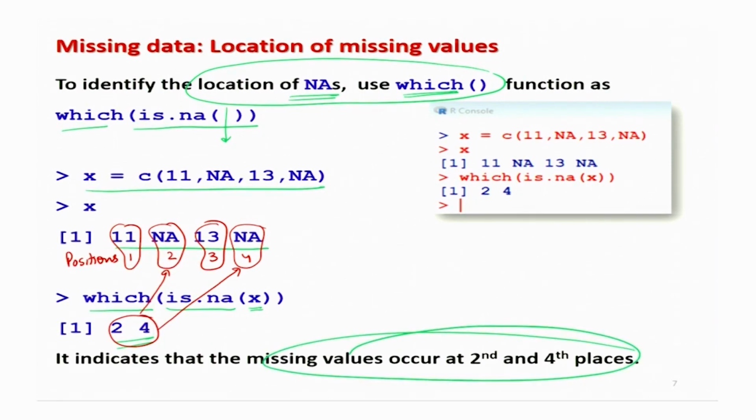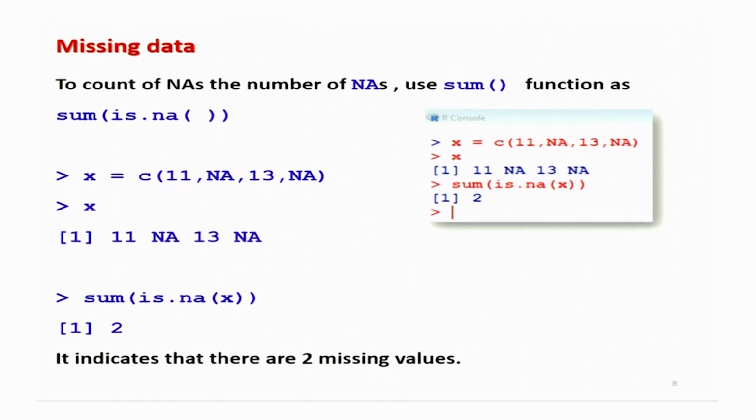Right. On the other hand, in case we are interested in finding how many values are missing in the data vector, in order to count the number of NAs, we use the function sum, and we use it like this: sum, inside the parenthesis I write is.na, and within the parenthesis I write the data vector.